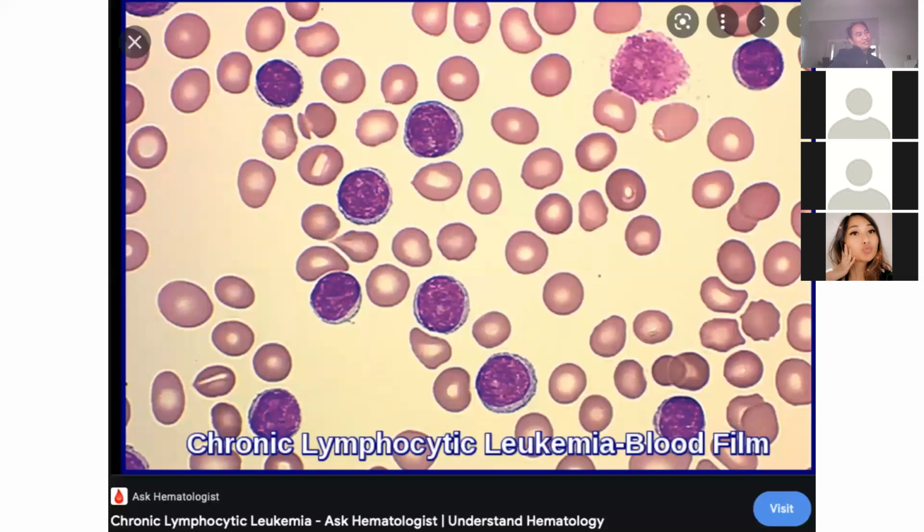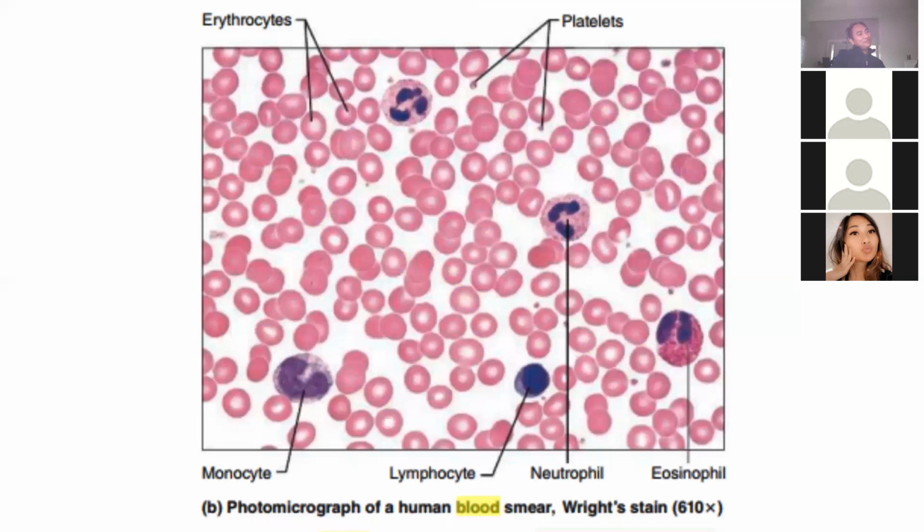So now I believe you have seen a normal blood picture. If you look at a normal blood picture, you are going to see multiple red blood cells, because RBC makes up nearly 45%, and less than 1% is WBC and platelets. Platelets you can see here and there.